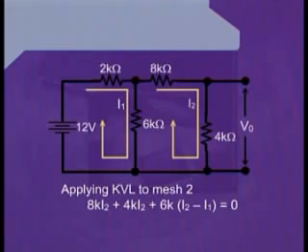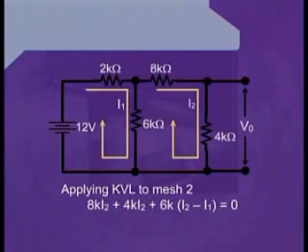After writing this, once again, we reach the sharing resistance, which is the boundary branch between the two meshes. Hence, the same convention as we have used in mesh 1 applies while writing this term for mesh 2 as well. We take the difference of the two currents. Therefore, we can write plus 6K into I2 minus I1.